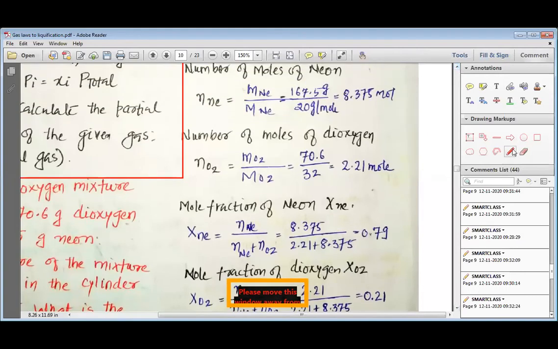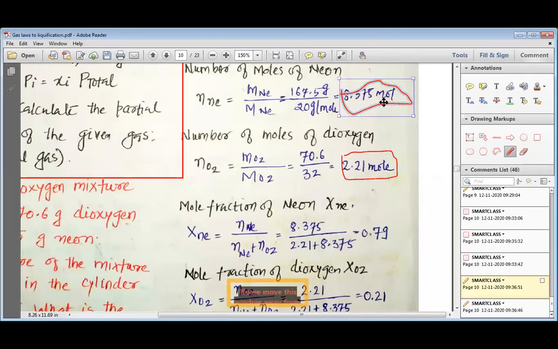Now we want to find out the total mole. We find the total mole by the sum of 2.21 plus 8.375. So this mole of neon and mole of oxygen, when we add both of them, we get total mole n Ne plus n O2.